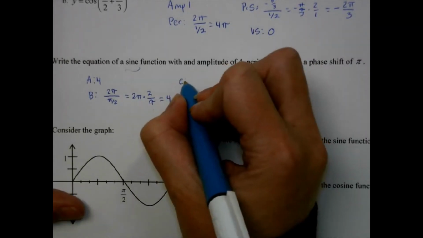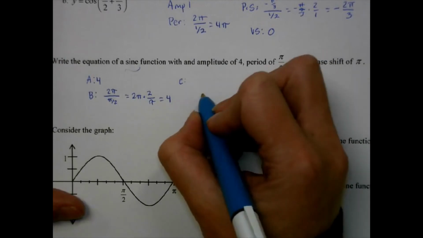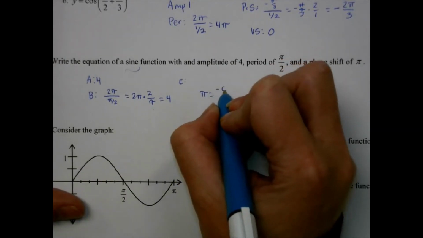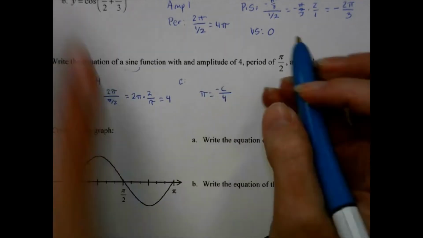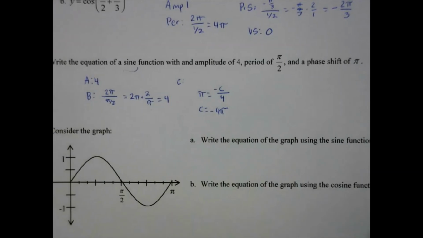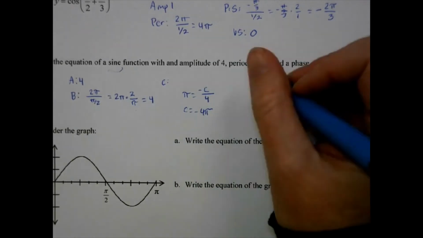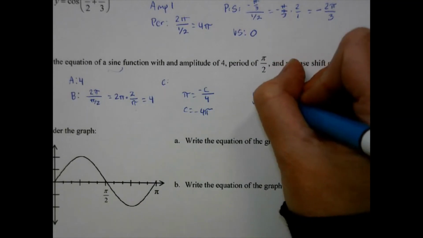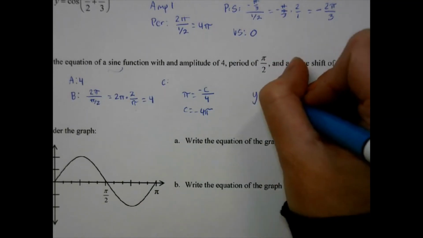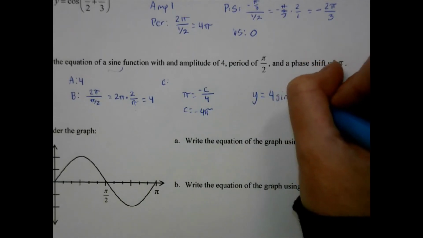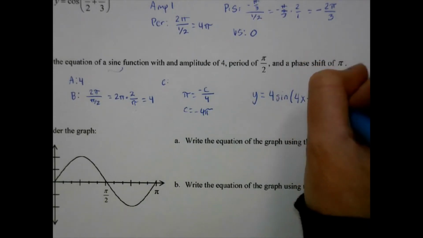So C, our phase shift, which is pi, equals negative c over b, which we just found. So my c is going to be negative 4 pi. And then we'll put this all together in an equation. So y equals 4 sine, my b was 4, my c is negative 4 pi.